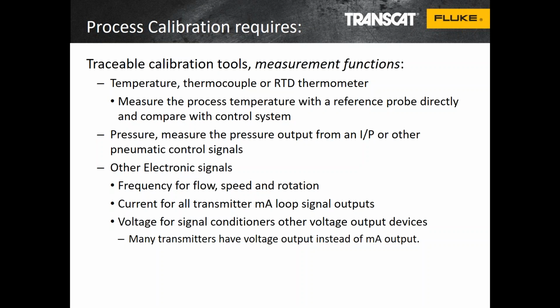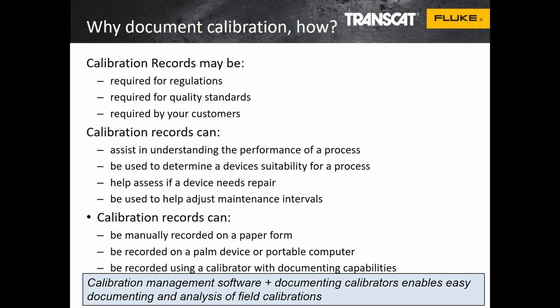Being able to measure pressure, measure the pressure output, for example, from an I to P, or measuring other pneumatic control signals, 3 to 15 psi, etc. And measuring the other electronic signals, of course, measuring frequency for flow, speed, and rotation, measuring current for the output of all transmitter milliamp loop signals, and measuring voltage for signal conditioners and other devices that have voltage outputs instead of milliamps.